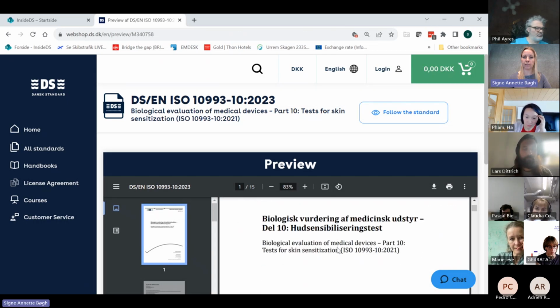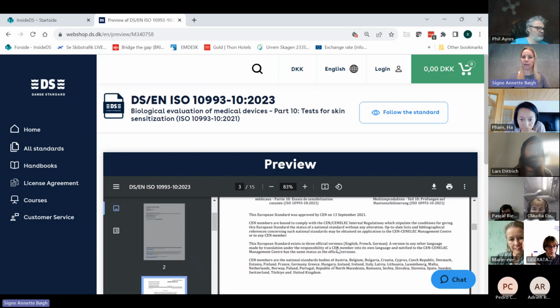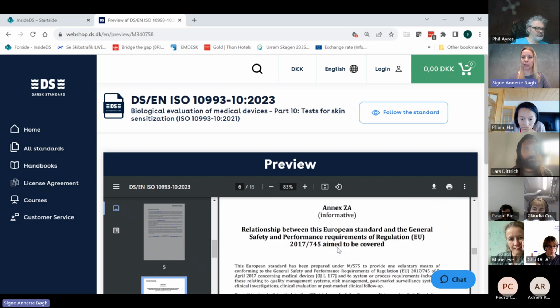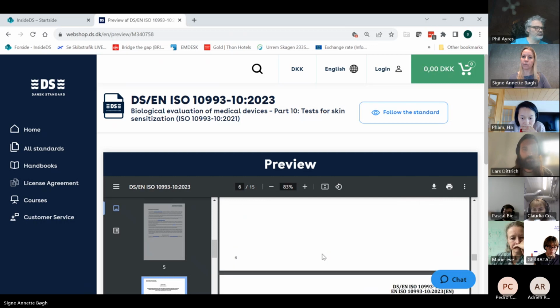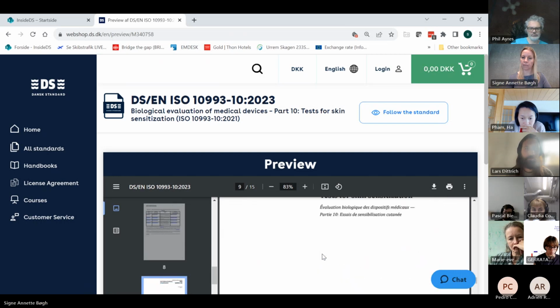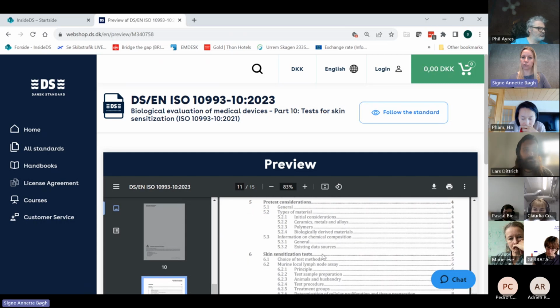So that basically means that if you want to know what is inside this standard, you will be able to scroll through the first pages and find out, for example, how this is linked to safety and this particular regulation. You will also be able to find the table of contents somewhere down here. Here we are. So you'll know, for example, which are the different aspects that are in this standard.